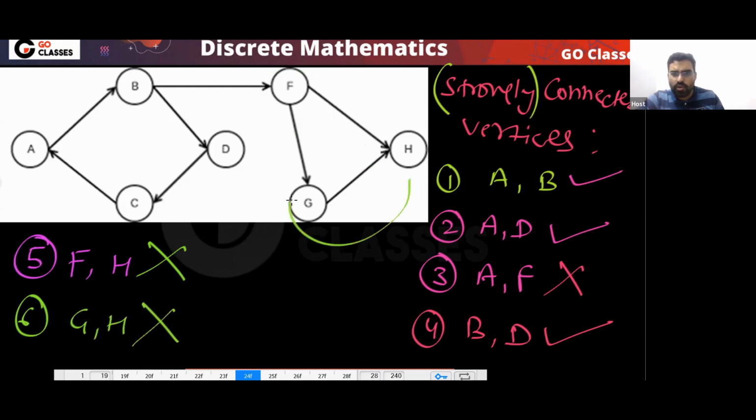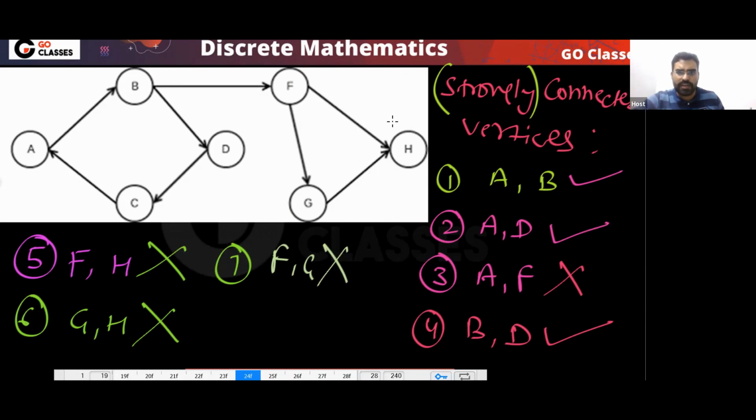No, because there is a path from G to H, but there is no path from H to G. What about F comma G? Again no, there is a path from F to G, but there is no path from G to F. So these are also not strongly connected.